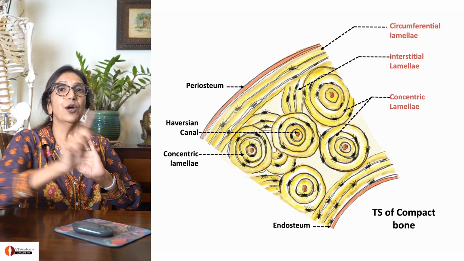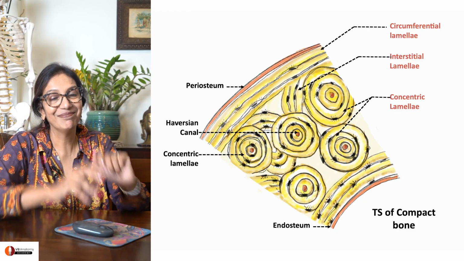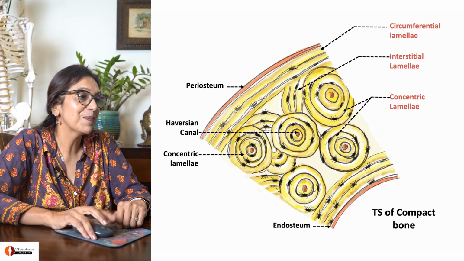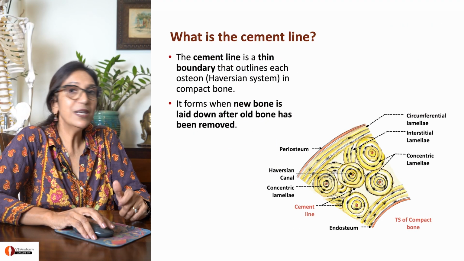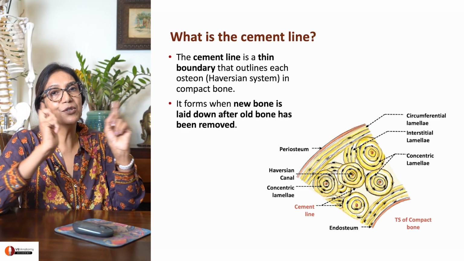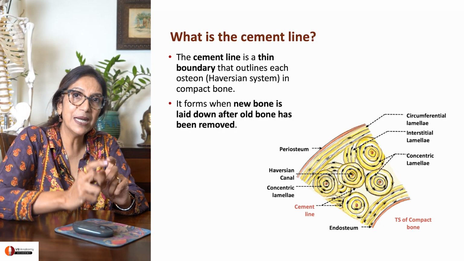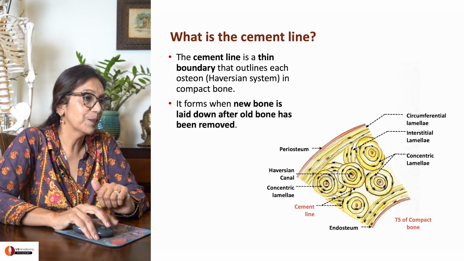If it works for you, use it. Right, so these are the lamellae. What is a cement line? The outermost line in a Haversian system is called a cement line. That's where bone formation first started.